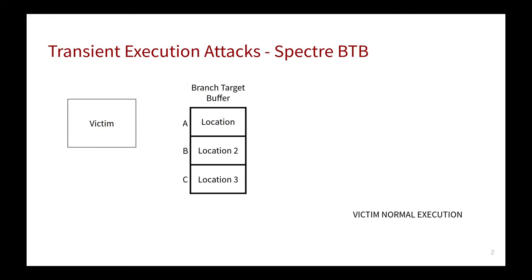Now, the catch behind Spectre BTB is that if we introduce an attacker in the picture, an attacker can influence the value inside the branch target buffer. Through some training on the CPU, an attacker can force some value inside the branch target buffer.